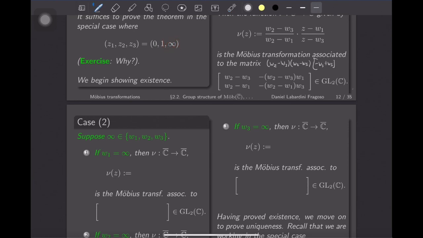So I still have z minus W3. I want to send W2 to 1, W1 to infinity. So let's see, what can I do?